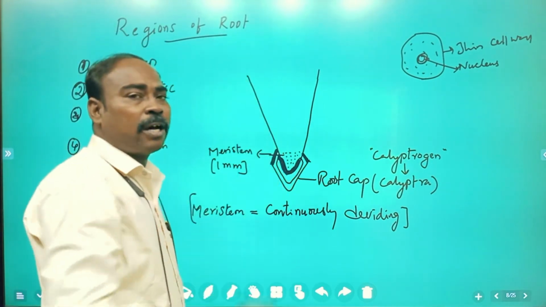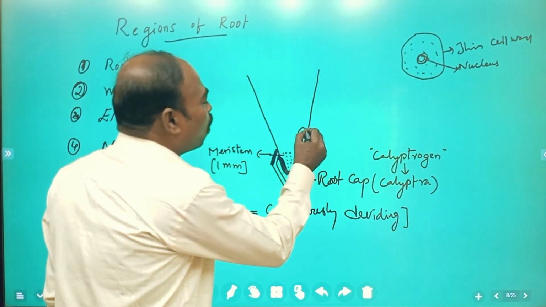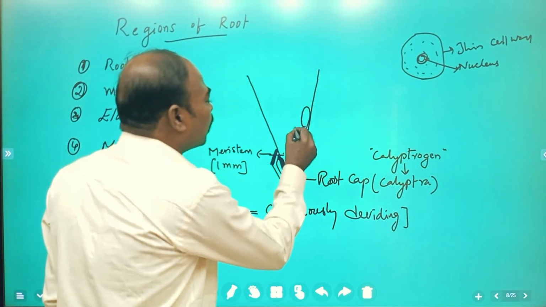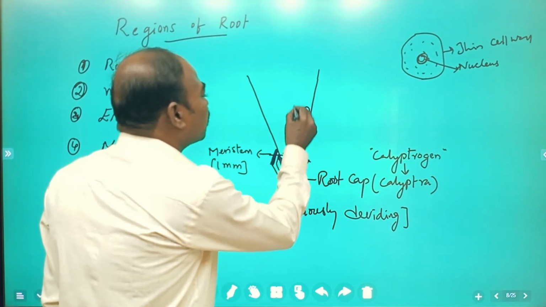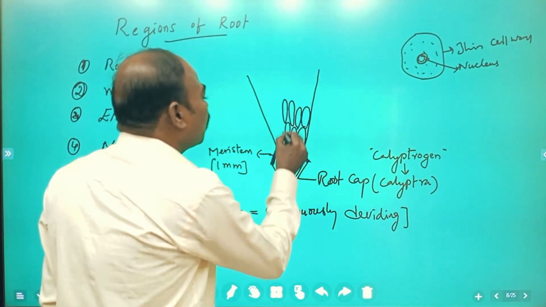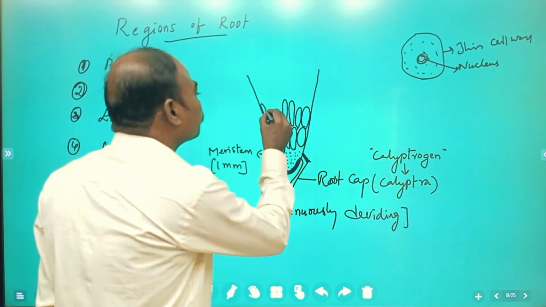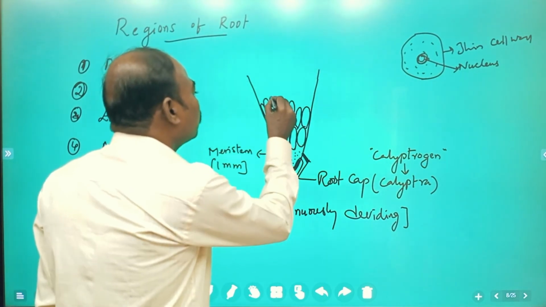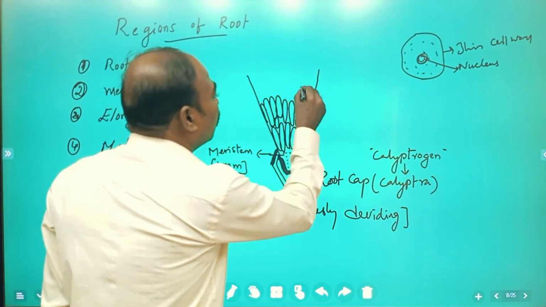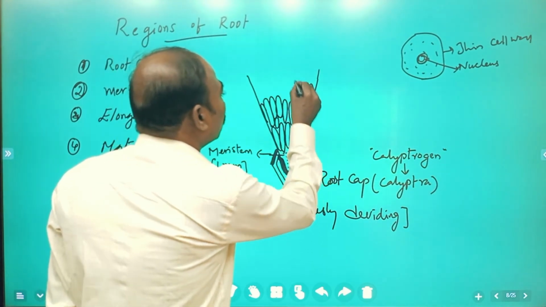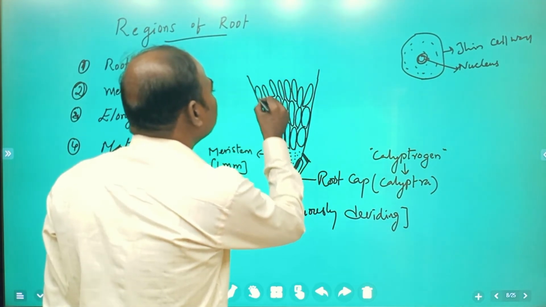Just above the level of the meristematic zone, the cells undergo elongation, enlargement, meaning the cells participate in lengthwise growth. These lengthwise growing cells are responsible for linear growth. Here vacuolization takes place.